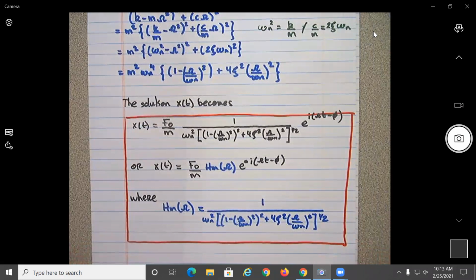All right, so a lot of algebra so far. Okay, so all this stuff is to show you what.